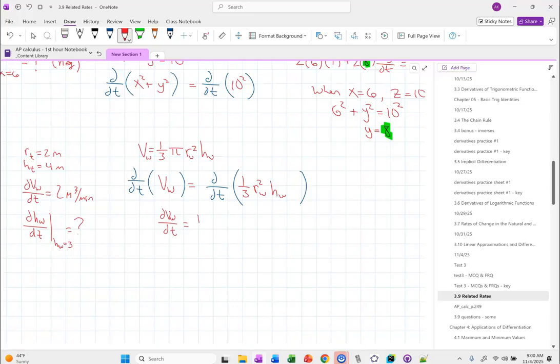That's going to be 1/3 times 2 r_W dr_W/dt times h_W, plus 1/3 r_W squared dh_W/dt.